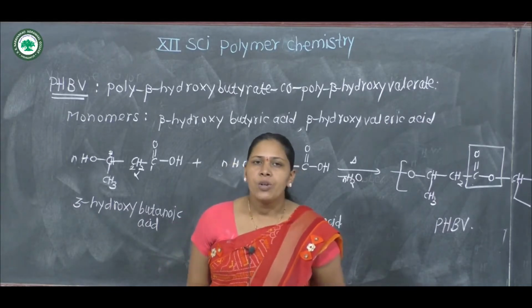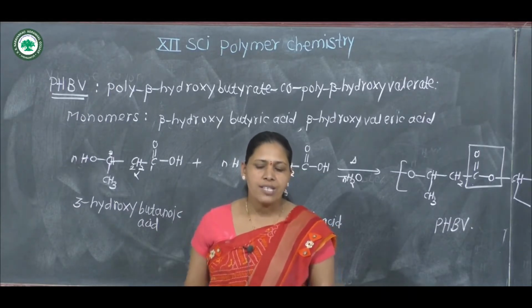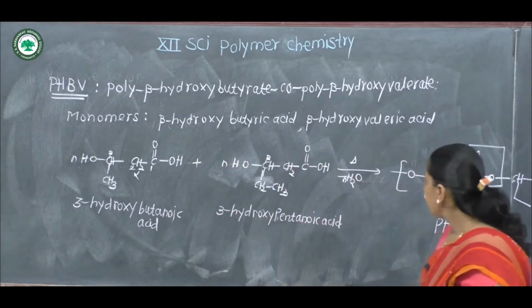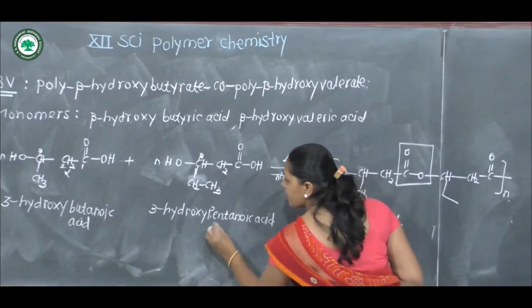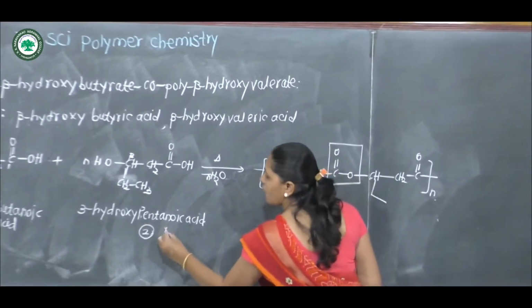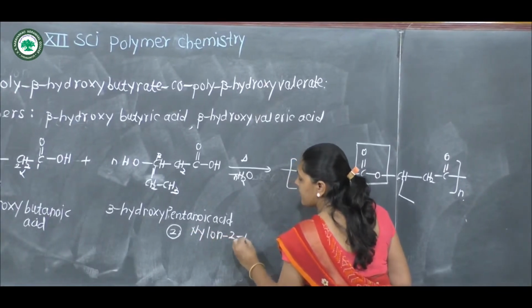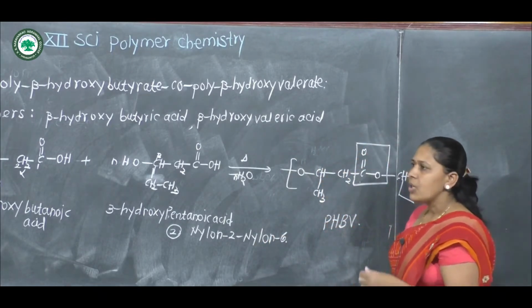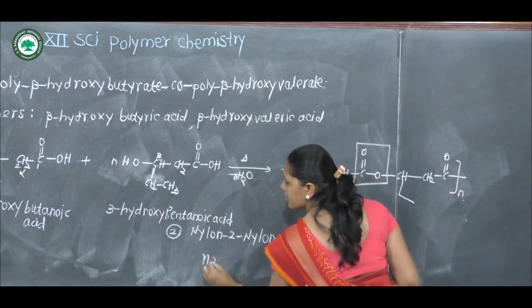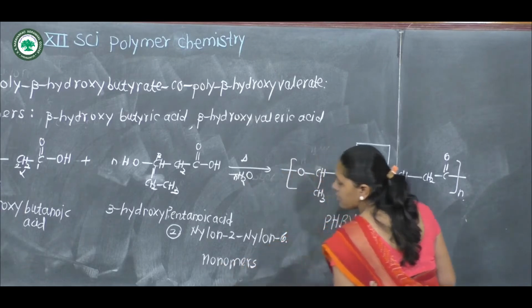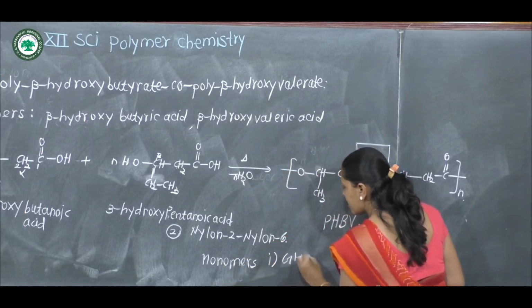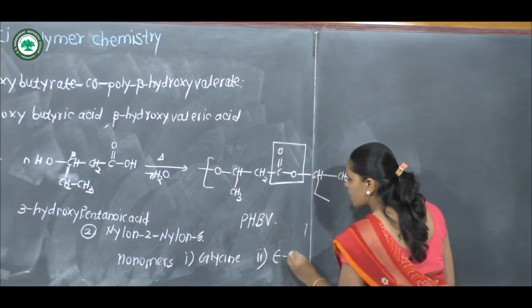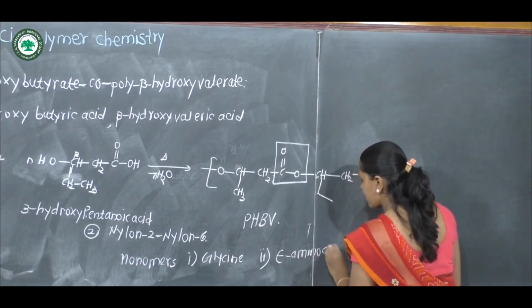It can be formed from 2 amino acids. The monomers are 2 amino acids: the first one is glycine and the second one is epsilon aminocaproic acid.